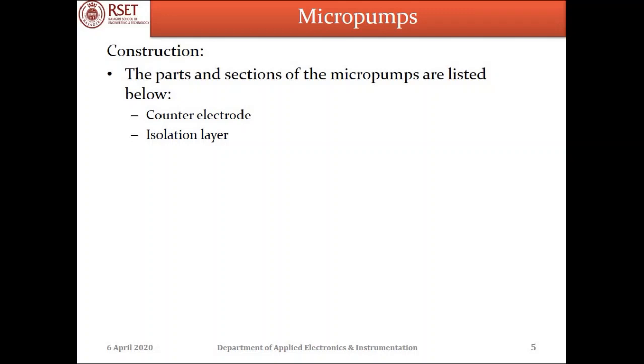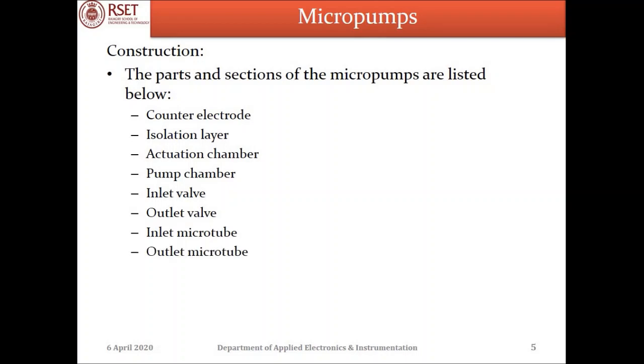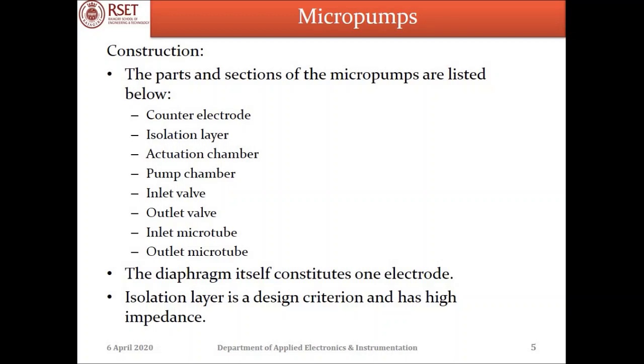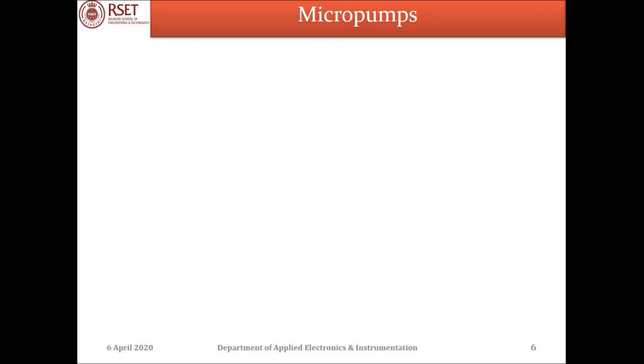Between the two electrodes you have the isolation layer, then we have the actuation chamber, the pump chamber, the inlet and the outlet valves, and the inlet and the outlet microtube. The isolation layer is a design criterion and has high impedance between the two electrodes.